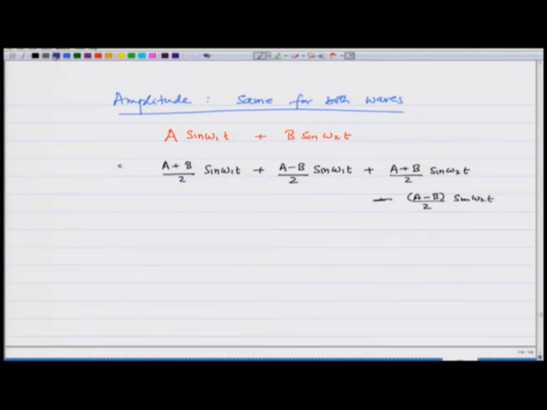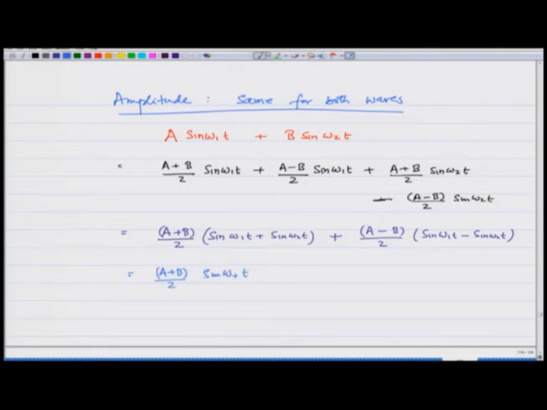So I am going to get this equal to (a plus b)/2 times (sine omega 1 t plus sine omega 2 t) plus (a minus b)/2 times (sine omega 1 t minus sine omega 2 t), and this is going to give me (a plus b)/2 sine of omega plus t cosine of omega minus t plus (a minus b)/2 cosine of omega plus t sine of omega minus t, and in fact, I should put a minus sign here.